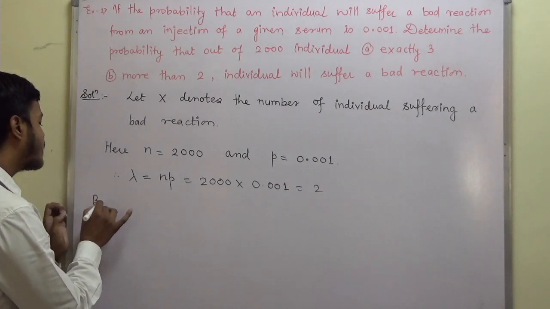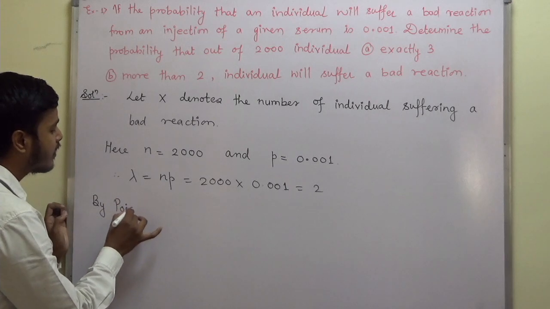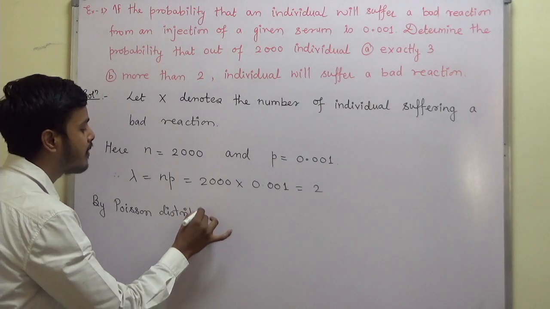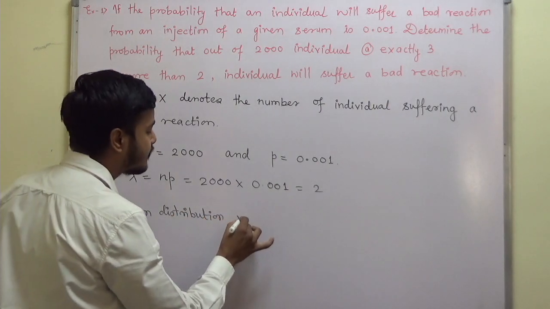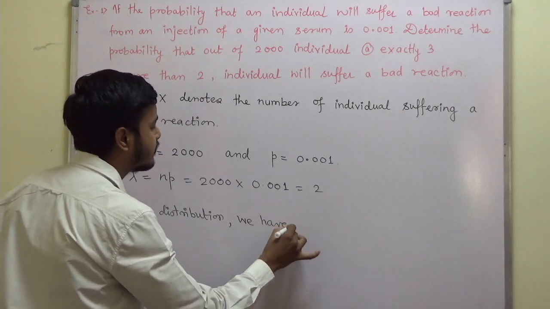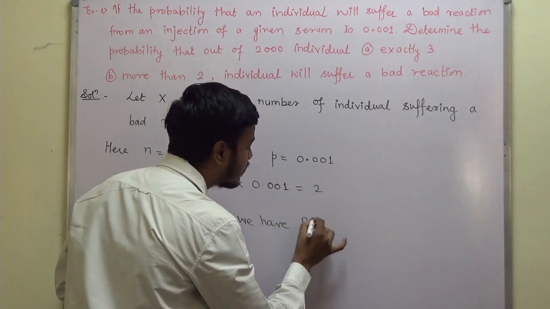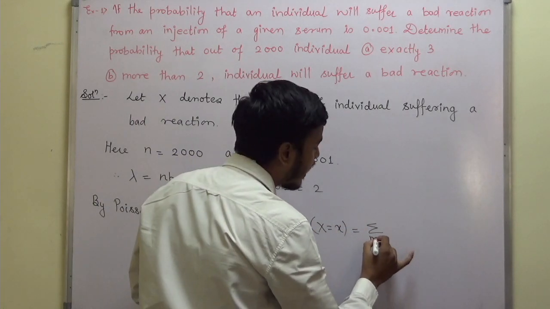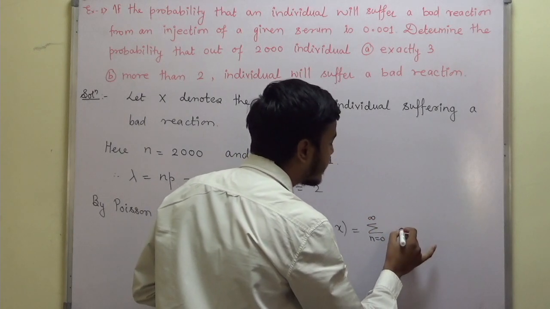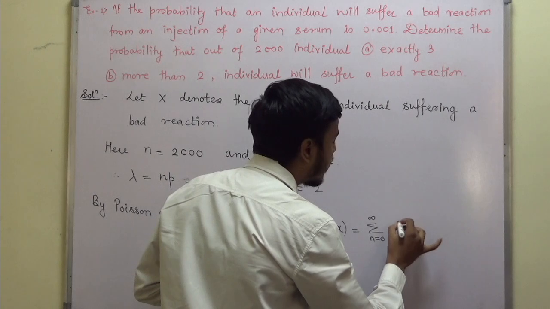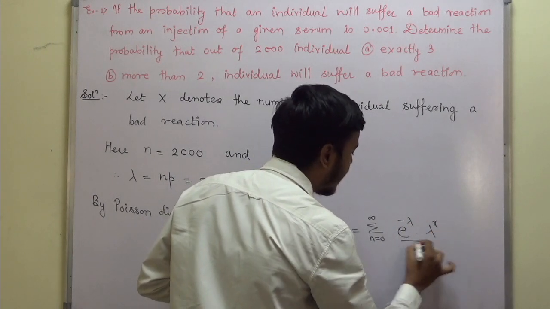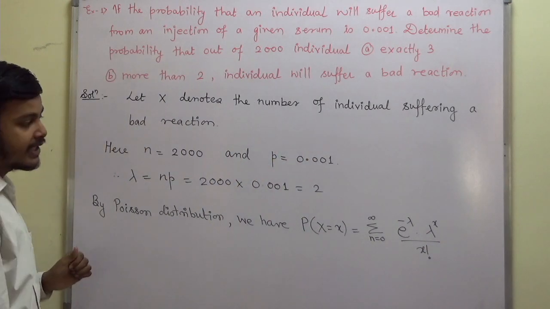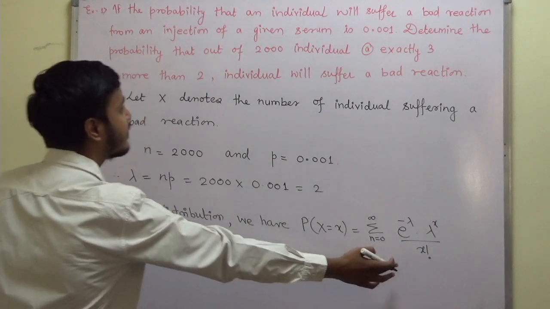Now by Poisson distribution, we have probability of x is equal to e to the power minus lambda into lambda power x upon factorial x.